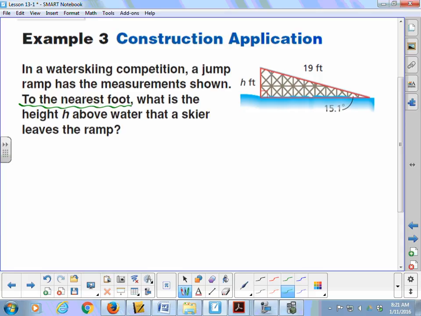So always draw the triangle on your paper. Label the triangle's sides with the information they give you. Is it opposite? Is it hypotenuse? Is it adjacent? So that you can figure out whether you're using sine, cosine, or tangent.